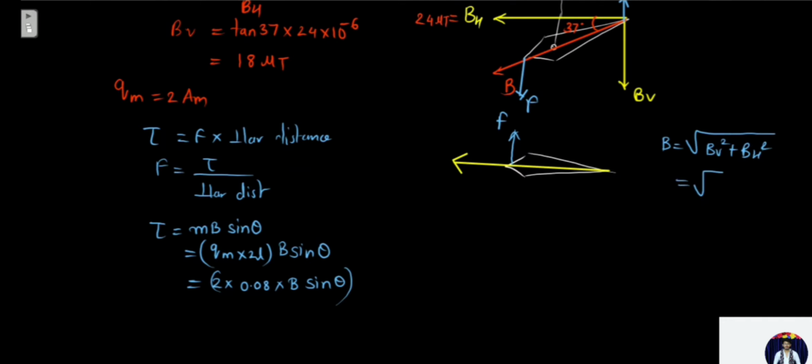Just add the squares of the components and take a root of it. So it is going to be 24 square, micro I'll just keep as it is outside, plus 18 square. So this will come out to be 30 microtesla. Okay, so same thing I'll substitute here. So 2 into 0.08 into B, which is 30 into 10 raised to minus 6, into sine of the angle. So angle between M and B.